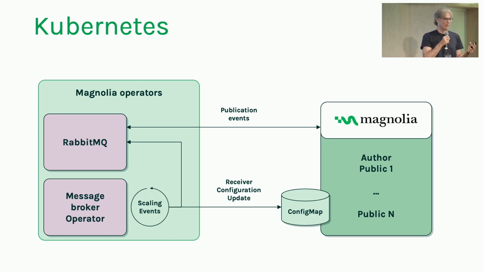And that's the custom code in the operator. It will connect to RabbitMQ in this case and configure additional queues for the additional public instance, and the additional exchanges that are needed there. So we can actually deal with additional public instances. This is kind of a roadmap towards being able to scale your number of public instances more dynamically.